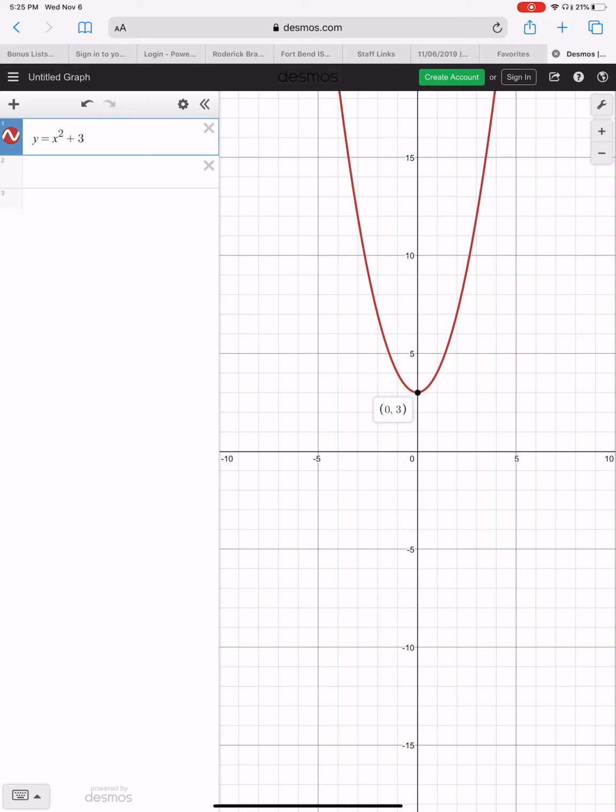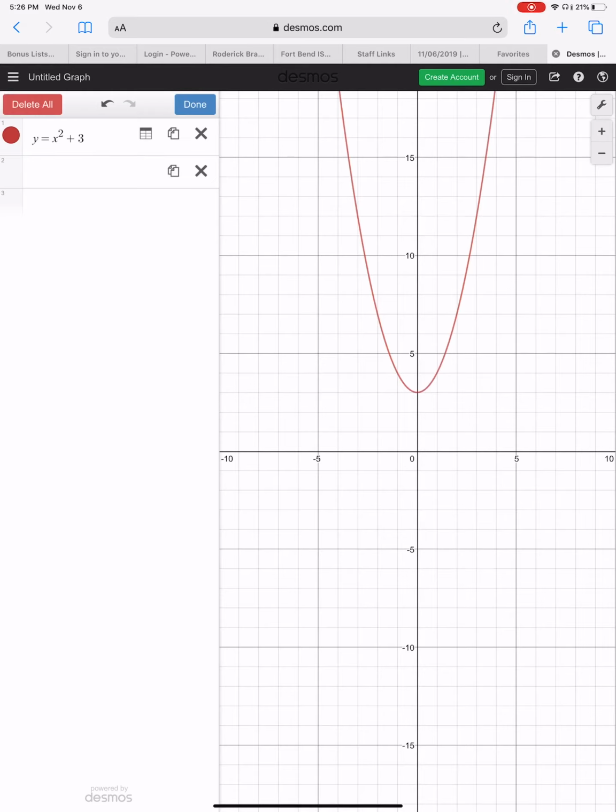I'm trying to click on it, it's not quite it. If you just ride along right there, you could pick points on there. I'm trying to do it on my iPad, but I'm having problems.